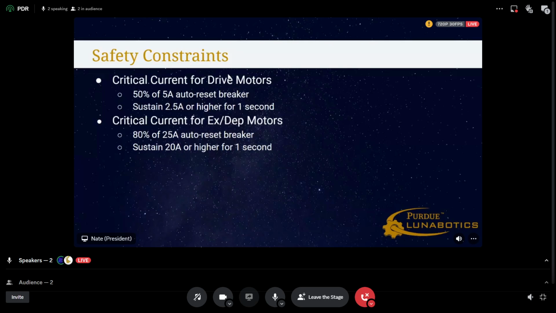Breakers are sized specifically, so the 5 amp breaker will not trip at 5 amps. If you are tripping at 2.5 amps, you will trip almost immediately, because nominally each of the drive motors pulls 2.5 amps. Okay, we'll adjust that.